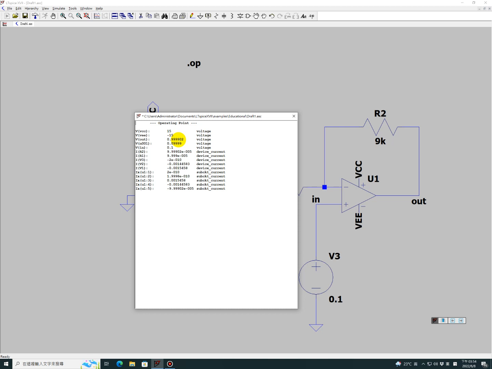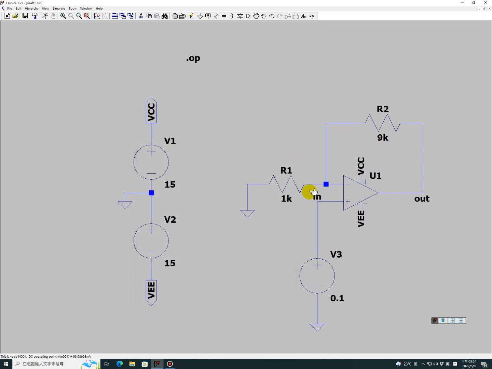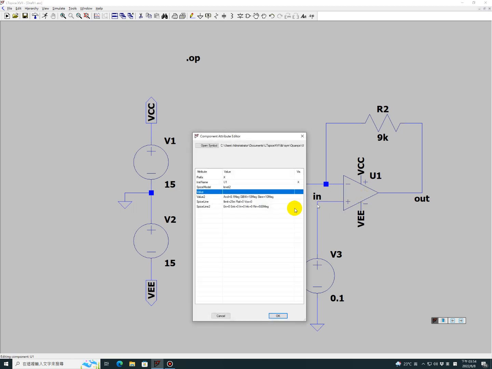Okay, because the DC gain is smaller, it will not be the same. So you can, just by playing with these numbers, set up the condition of the op-amp.